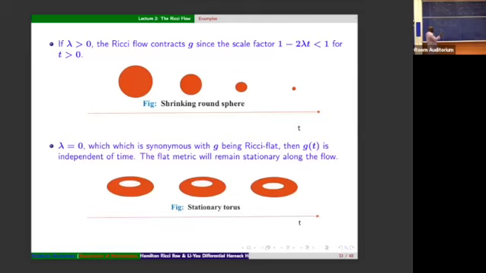Then G is independent of time, because if you have Ricci flat, then your equation becomes something like this. The Ricci that is here becomes 0. You have this, so this becomes independent of time, and it exists for all time. It remains static. And that's what we call a stationary solution, or a steady solution.